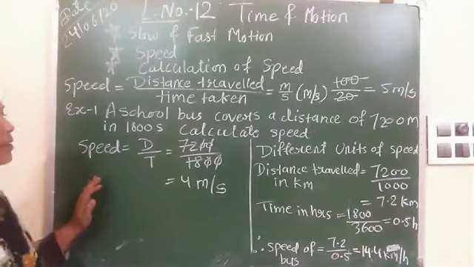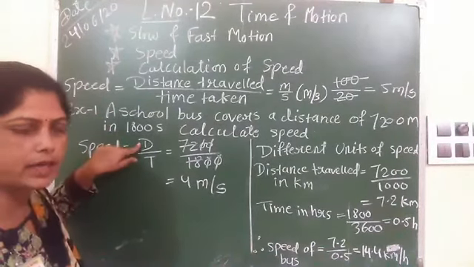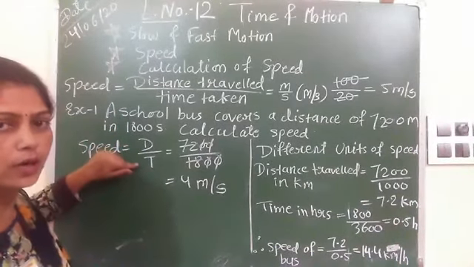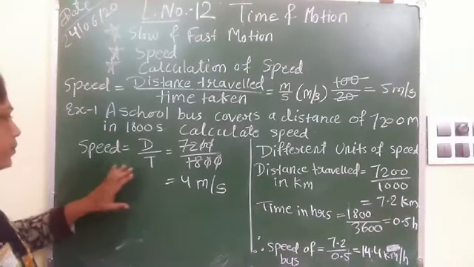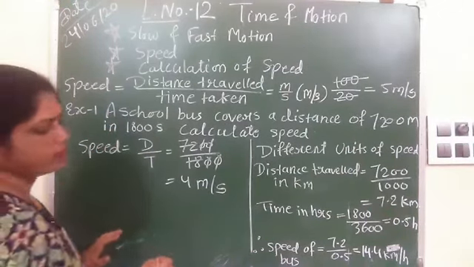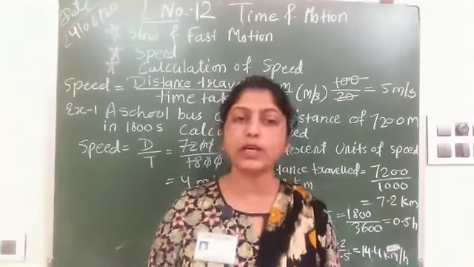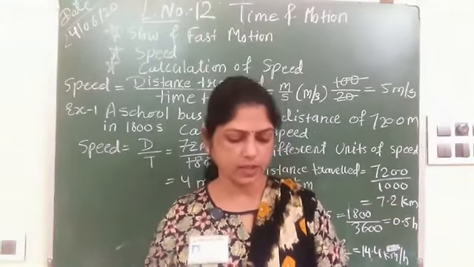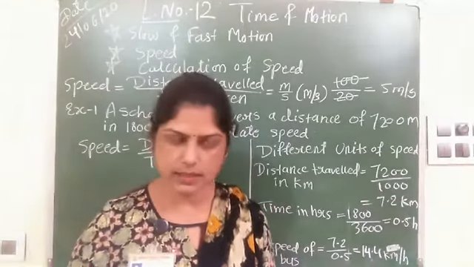Average speed is defined as the total distance covered by an object divided by the total time taken to cover this distance. Okay.